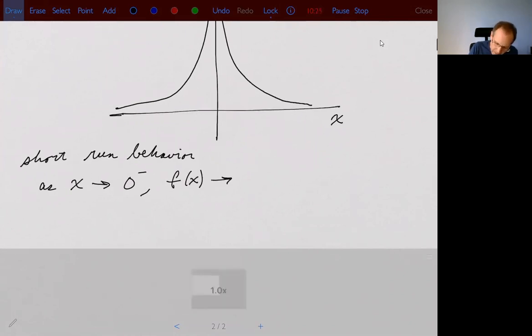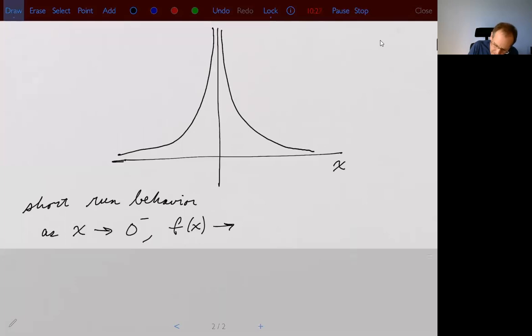Well, if you look at this closely, as x gets closer and closer to 0 from the left, so -1, -0.5, -1/100, -1/1,000, -1/1,000,000, etc. What's happening with the function? It's growing towards negative infinity. Or sorry, it's growing towards positive infinity. It's getting larger and larger and larger. So this is just infinity.